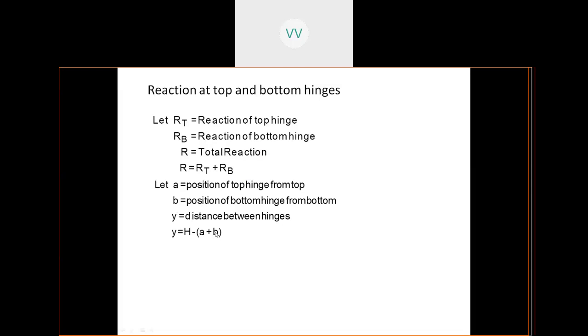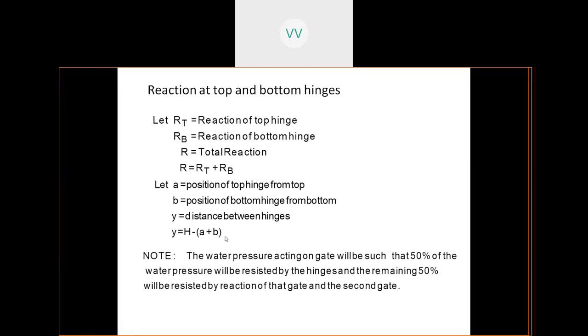So now usually what happens is the location of the hinge will be usually 50 to 60 centimeters from the top or the bottom. So you can assume if the values are not given.